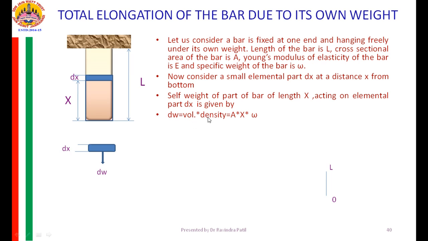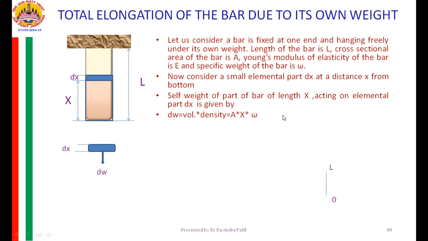What is the volume of this part? Volume in the sense area multiplied by the length. I am assuming the area of this part to be A. If the area of the part is A, then the volume is A into x. The volume multiplied by the density of the material, that is, the specific weight per unit volume, which I am assuming as omega.